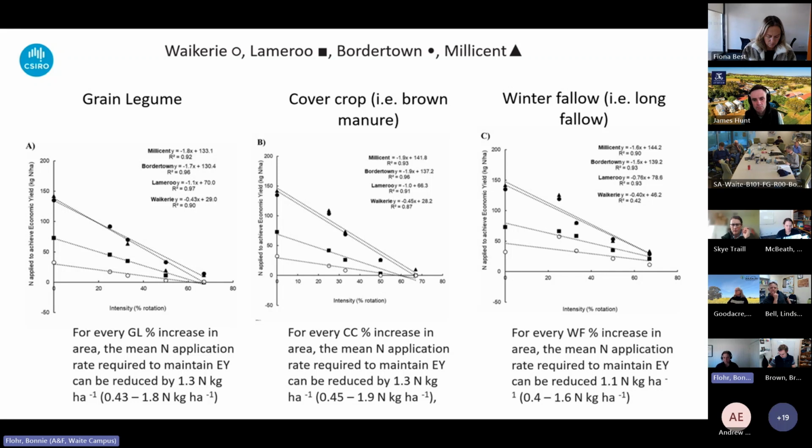So these figures are showing that the legumes at 25 to 67% intensity can reduce the N application required to maintain economic yield, but only in low rainfall environments, and with cover crops greater than 50%, so over here, could the need for nitrogen be totally removed.